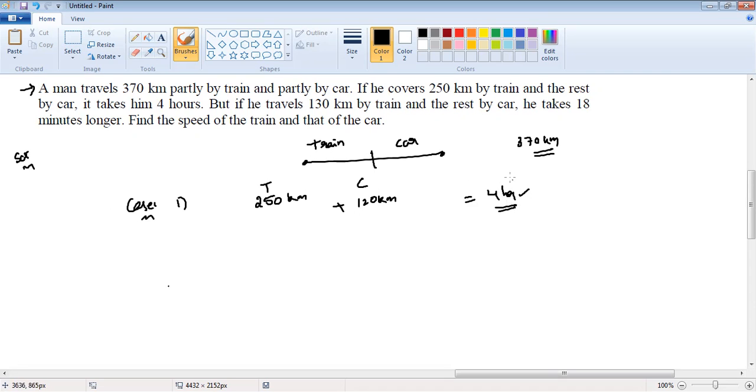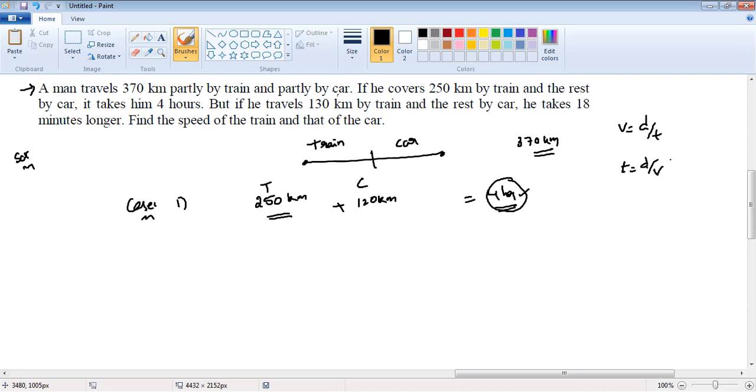Here the total time is given, but the distances are given. We know that velocity is equal to distance by time, so time is equal to distance by velocity.